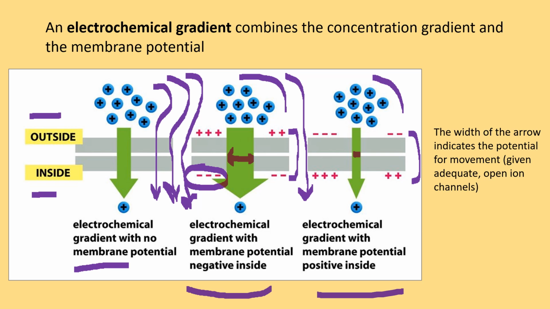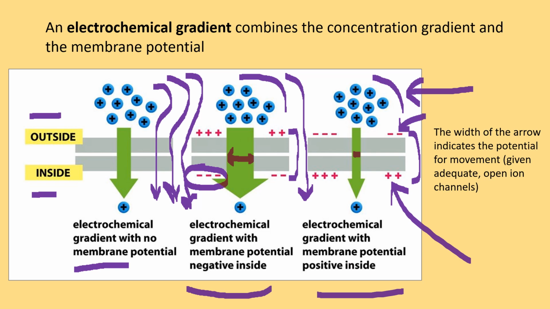And you remember that positive and positive repel each other. So there's more incentive for these positively charged blue dots to stay on this side of the membrane because there's a negative charge out here. And these blue dots are not particularly drawn to move into the cell because they are repelled by these positive charges that are inside the cell.